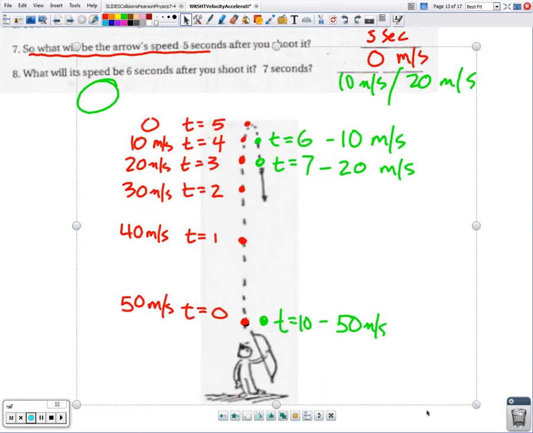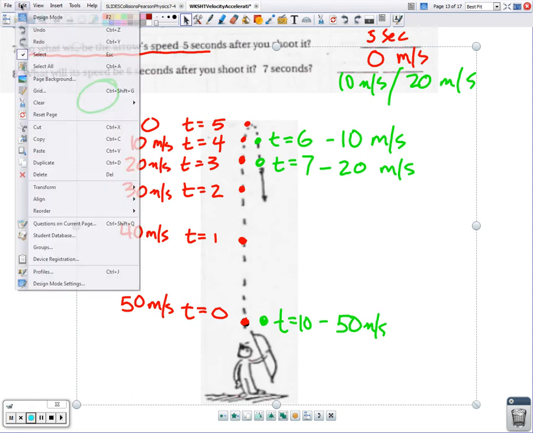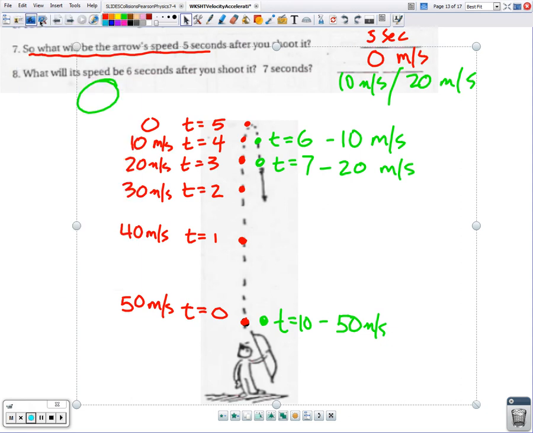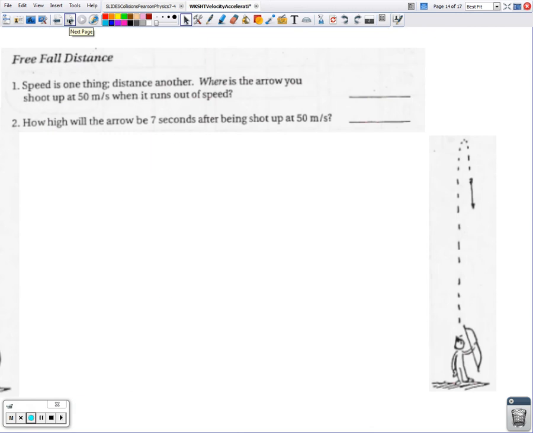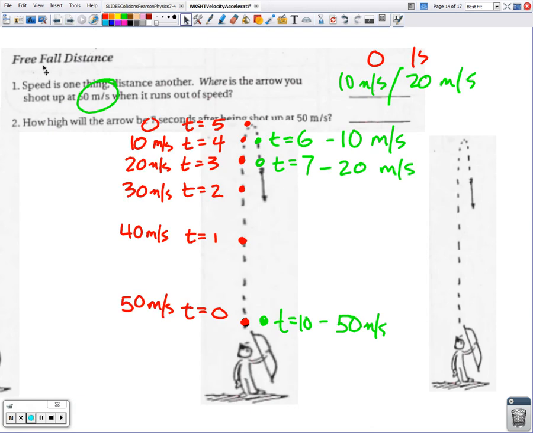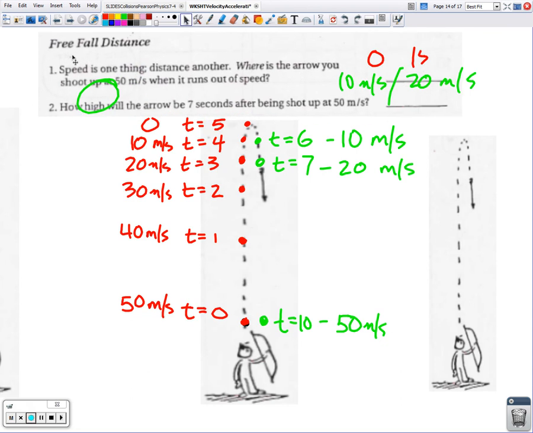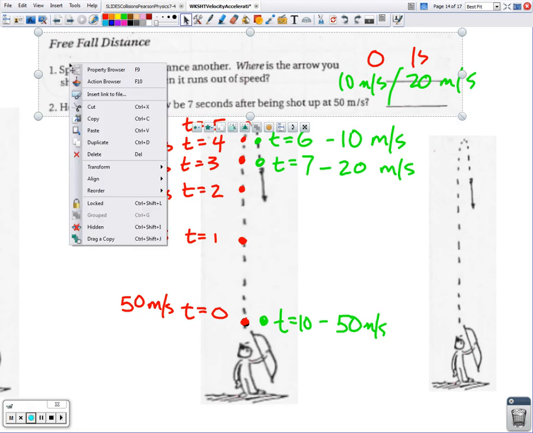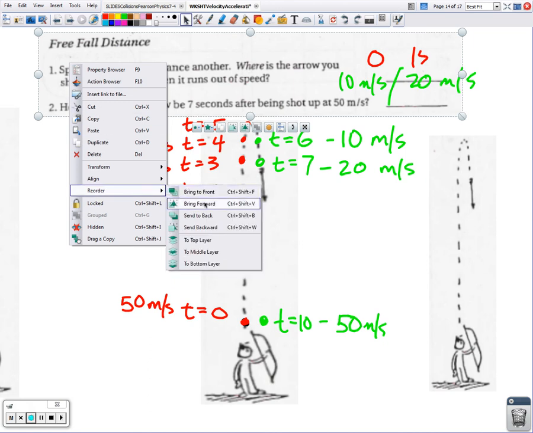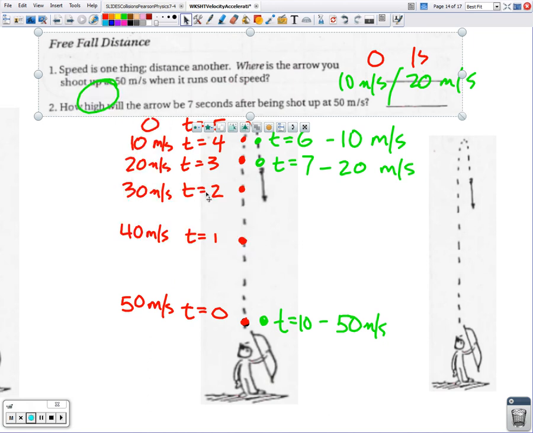It's alright, we'll go with it. I can do this too. Apparently that didn't work.